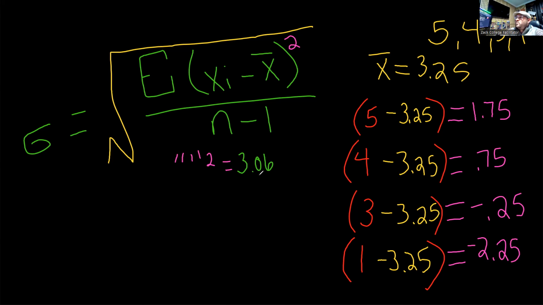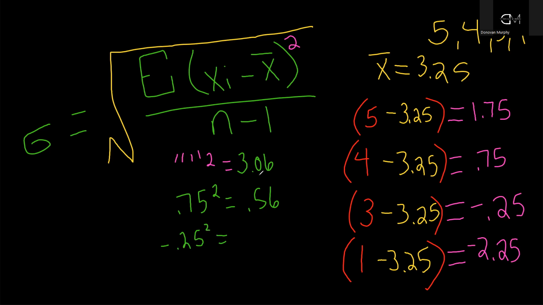If I have 0.75 squared, 0.56. All right. Negative 0.25, negative 0.06. So it's not negative. Negative times negative is positive. So what would it be? 0.06. Okay.